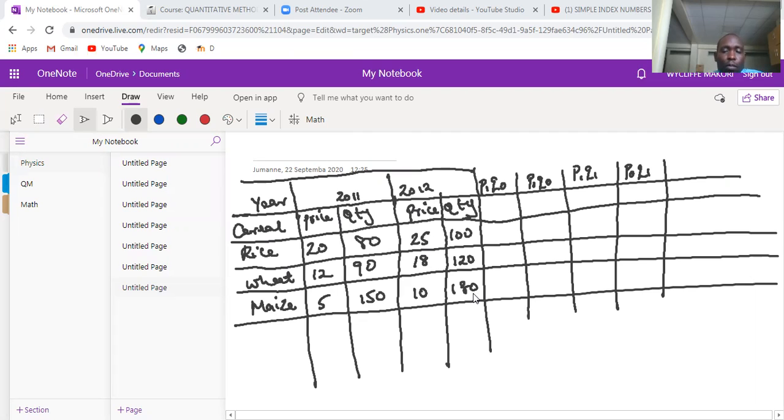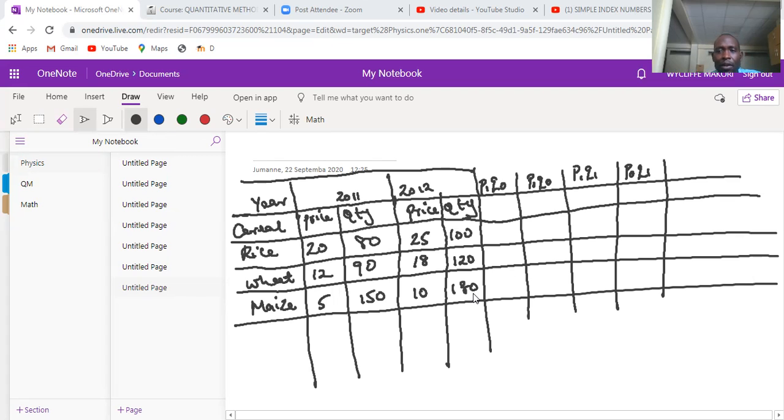Using these, you are told to calculate the weighted index numbers using the four methods. The four methods that we normally use to calculate the weighted index numbers are the Laspeyres method, the Paasche method, Fisher's ideal, and the Marshall-Edgeworth.